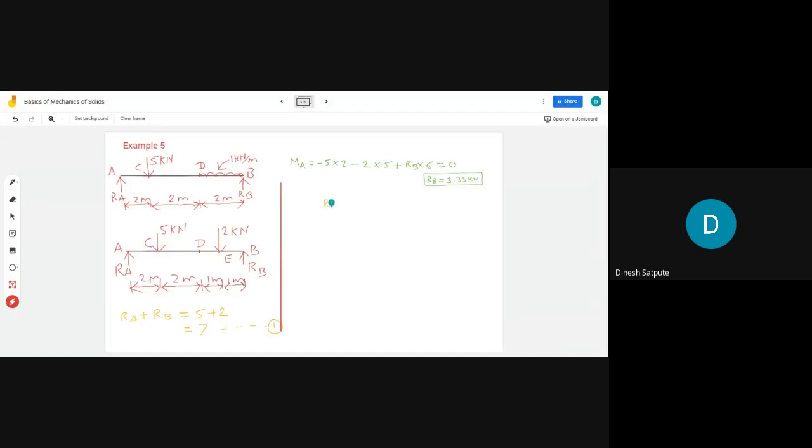RA plus 3.33 is equal to 7, and if you do the calculations you will get the value of RA as 3.67 kilonewtons.